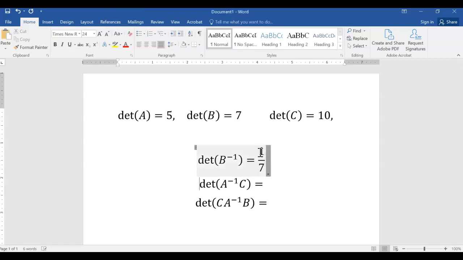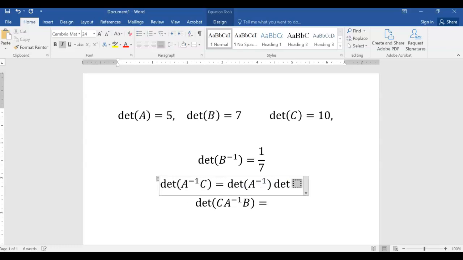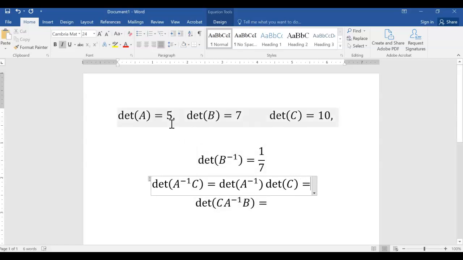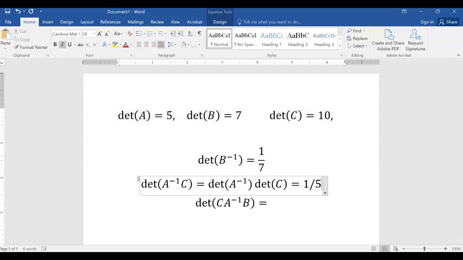Okay? Now, if we put the two properties of multiplication of matrices together, the determinant of A inverse times C is going to be the determinant of A inverse multiplied times the determinant of C. Again, A has determinant of 5, so A inverse has the determinant of 1/5.